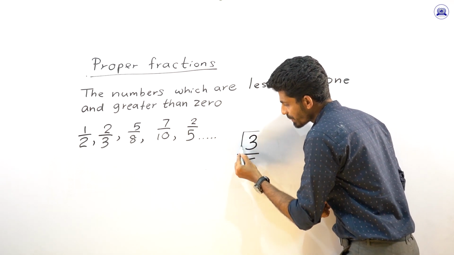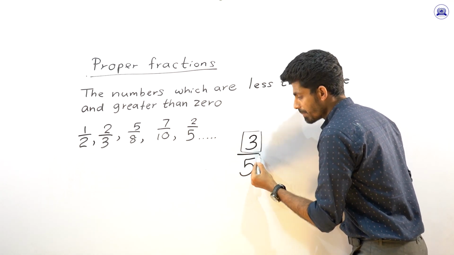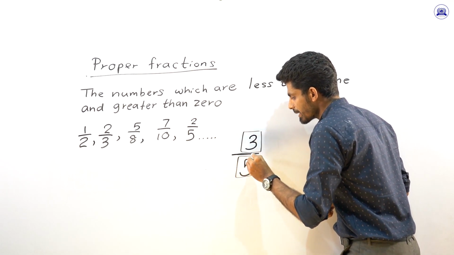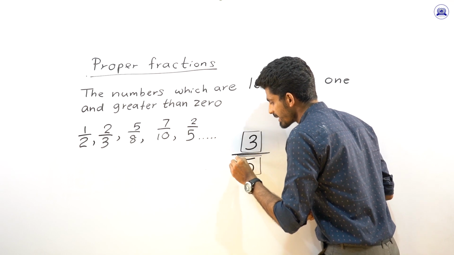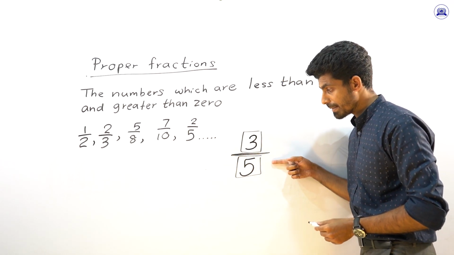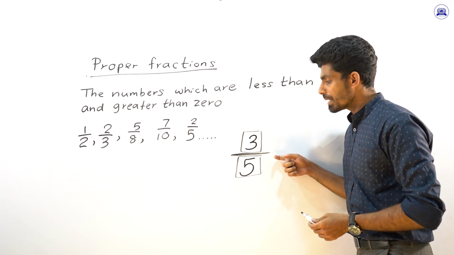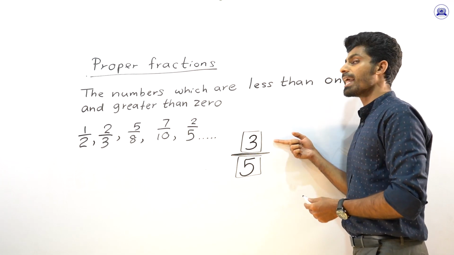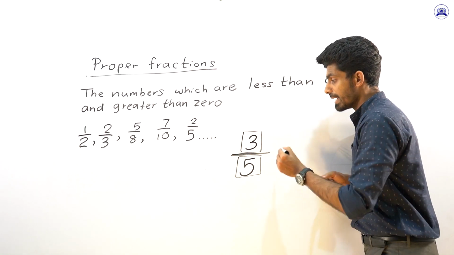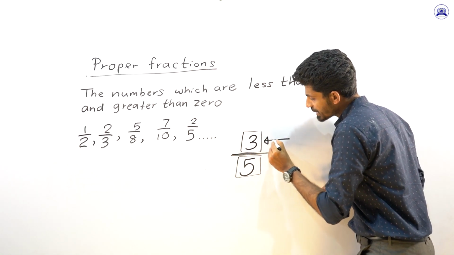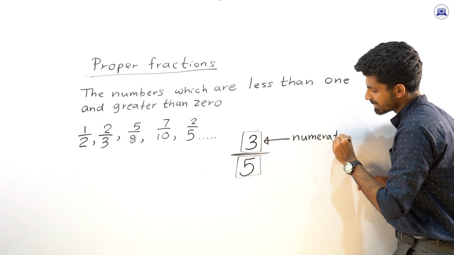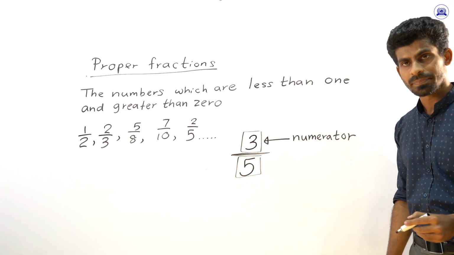Number 3 is there, number 5 is there, and there is a line here. The number written above the line is called by a very special name: numerator.